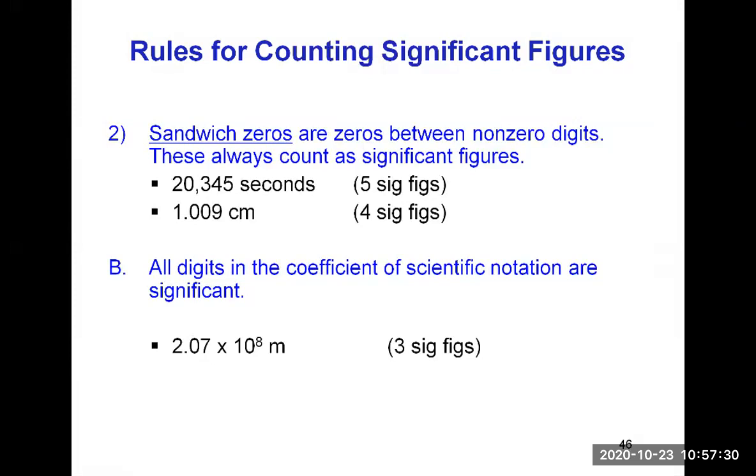Of course, the exponential part is not taken into account when deciding about significant figures. In this example, 2.05460000 times 10 to the negative 6 liters, there are 8 significant figures. All of the digits here are significant: the sandwich zero and the trailing zeros, because we see the decimal point.